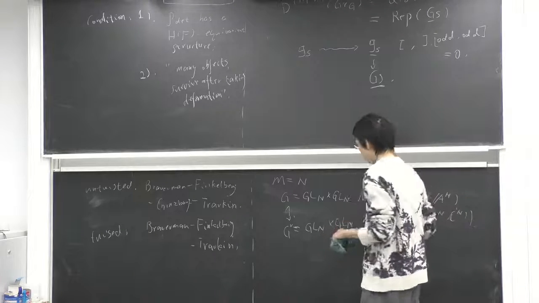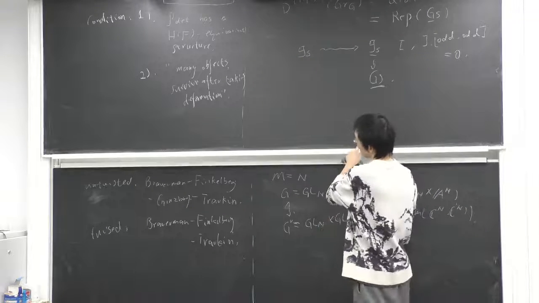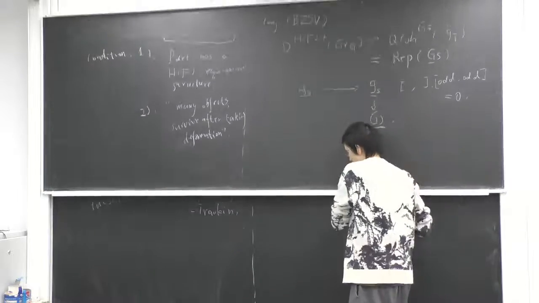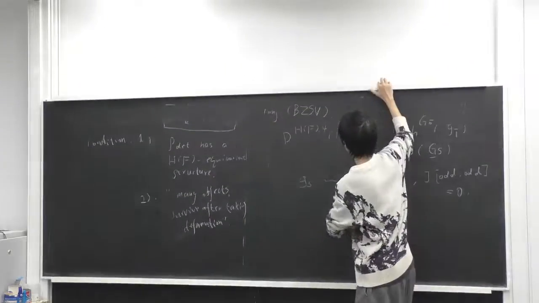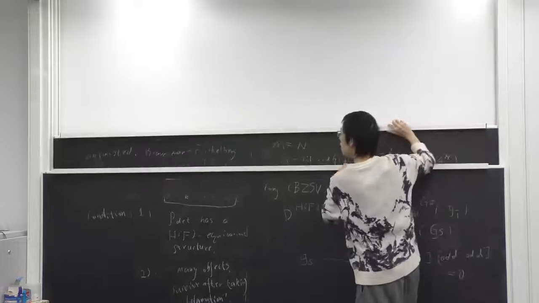So in this case, the Gaiotto conjecture, the intrinsic Gaiotto conjecture or BZSV conjecture, says the following.